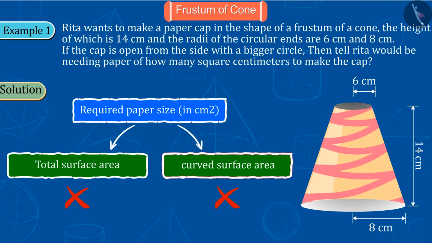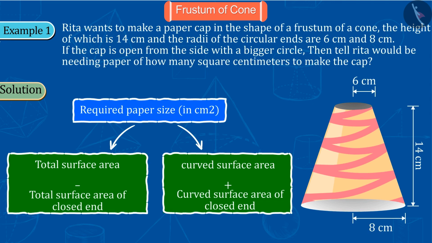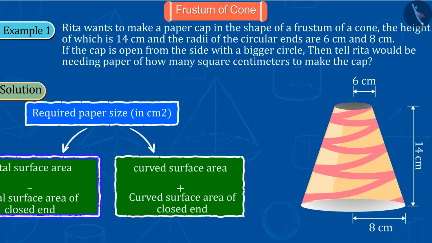Rather, we will add the area of the closed end to the curved surface area. The area of the open end will be subtracted from the entire surface area. We will solve this question in the first way, and the second way will be left for you to try.